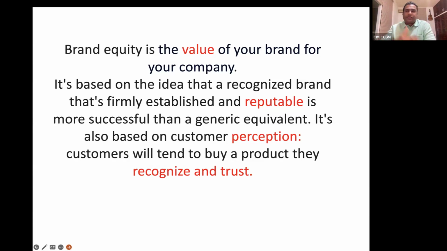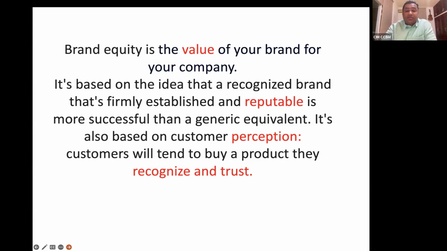So that is called perception. Perception is how a customer would see a brand. What is your perception? As a person, what is your perception? How will you see me? That's the perception. It's a psychological word.